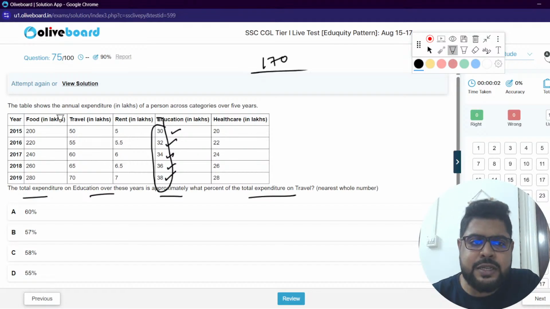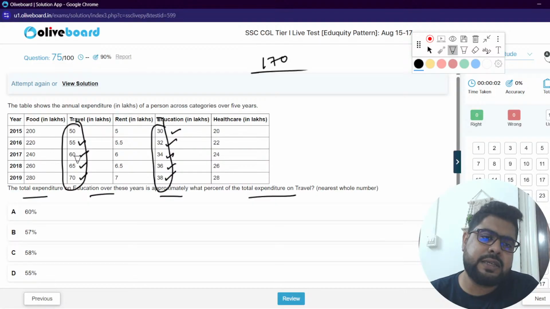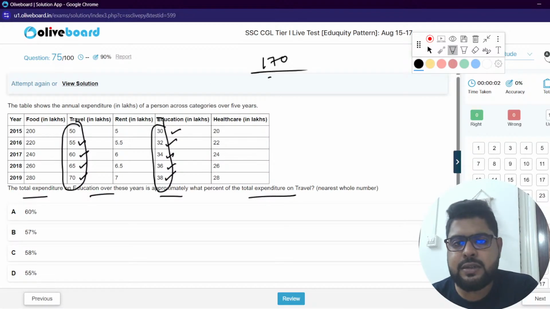That is what percent of travel? Sir, this is 120, and sir, this is 130. Sorry, this is also 120. So 120, and sir, 130, 250, 300, into 100, sir.